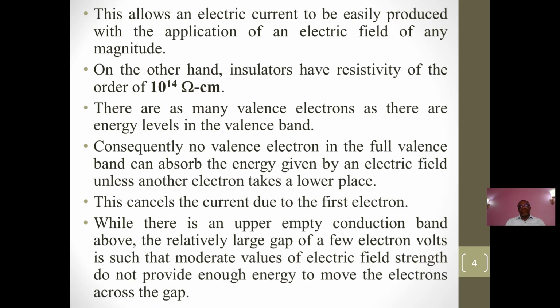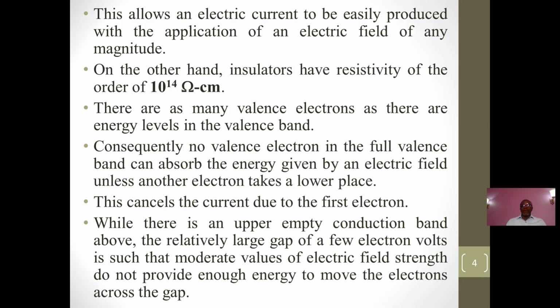Consequently, no valency electron in the full valency band can absorb the energy given by an electric field unless another electron takes a lower place. Then this cancels the current due to the first electron.